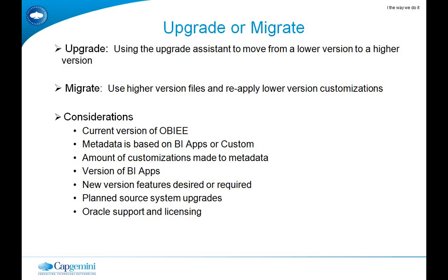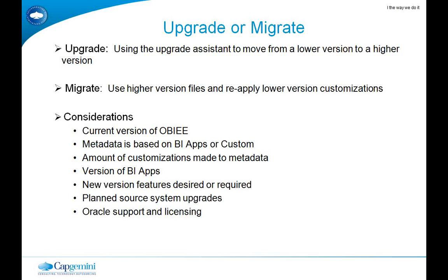Then we got to look at a migration versus an upgrade, where the migration, we're using higher version files and reapplying the lower version customizations. What I mean by that is we would take, say, an 11.1.1.5 RPD and reapply any customizations you may have made to an older version.